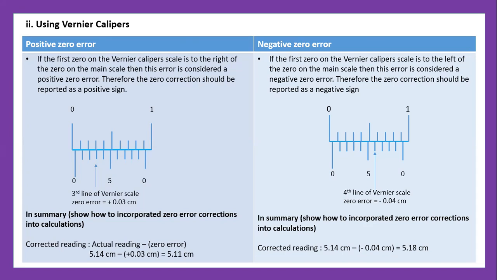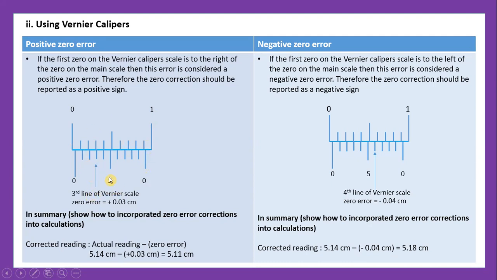For the positive zero error, the clue is if the first zero on the vernier caliper scale is moving to the right of the zero of the main scale, then this error is considered a positive zero error. Therefore, the zero correction should be reported as positive. Refer back to this reading previously.